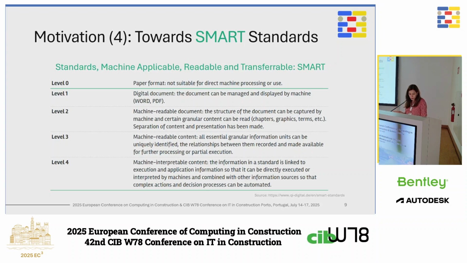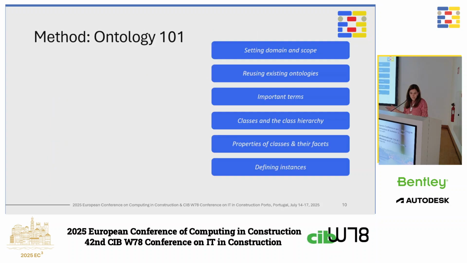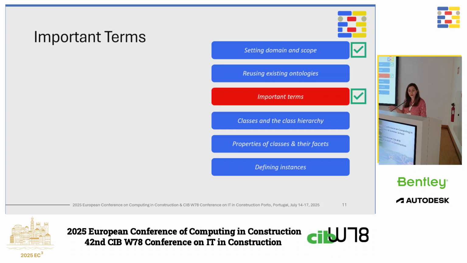So for this vision, we decided that we need to make everything in a linked data approach and ontological modeling. This is a no-brainer, so we used Ontology 101. We didn't really go through all the steps, but of course, our scope was very fixed. We want to be able to discuss if a standard, an ontology and their metadata are connected.